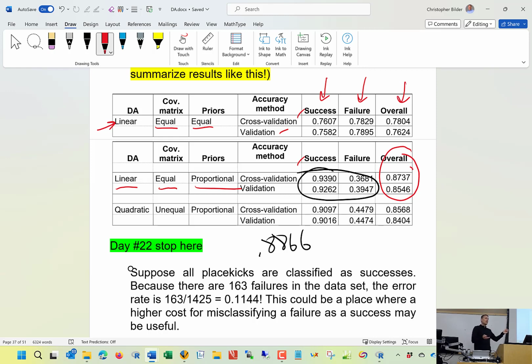In an extreme situation, let's say I have 1,000 observations, and only 10 are from group 2. 990 are from group 1. Well, in that situation, if you just simply classify everything as group 1, you have a 99% overall rate, but you're going to miss all those group 2s. And in most applications, you don't really want to miss them all. So please take that into account.